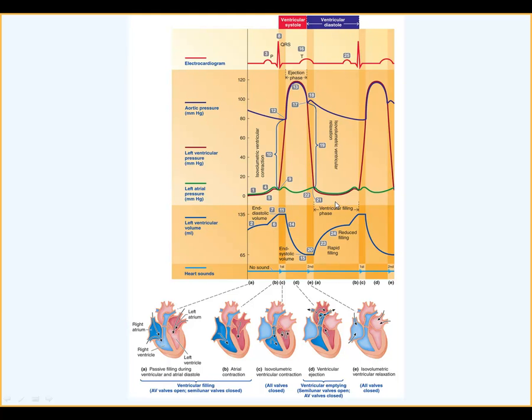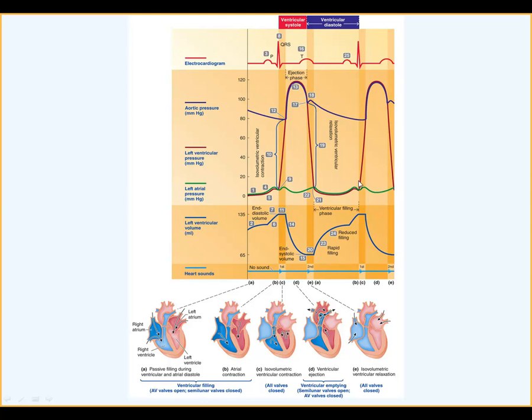As the depolarization wave reaches the ventricles, then you have yet another QRS complex. Another QRS complex is going to increase the pressure inside the ventricles. As the pressure rises in the ventricles, it's going to exceed the pressure in the atria, causing the first heart sound to happen. And now the blood has nowhere to go.